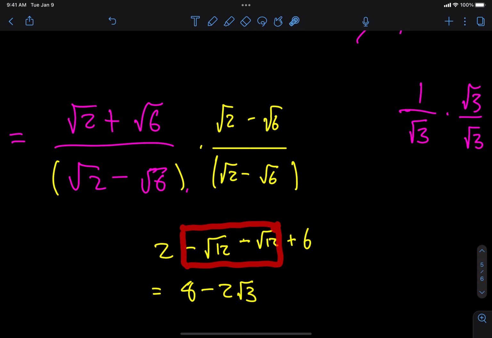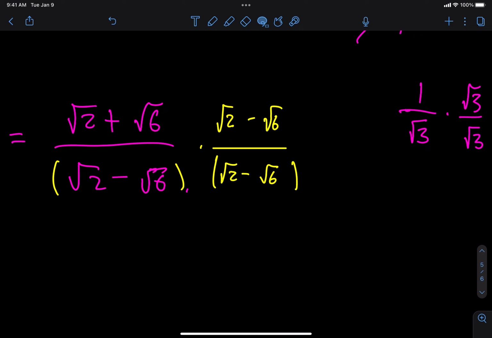So multiply by square root of 2 plus square root of 6. Yes, you have to multiply by the square root of 2 plus the square root of 6. And that's called multiplying by the conjugate. So let's see how that works. Okay, multiply by conjugate.